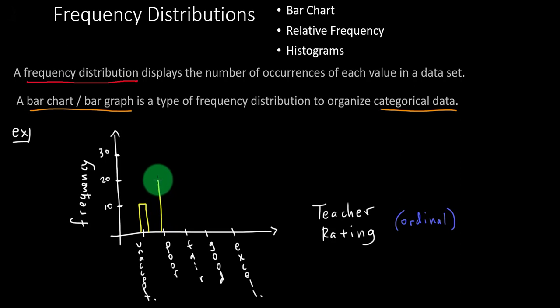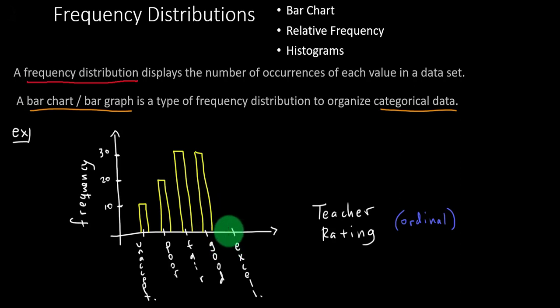There we go. For the fair category, I'm going to go all the way up to 30. And similarly with the good category, 30 ratings that were good. And in the excellent, let's do another 10. Excellent.